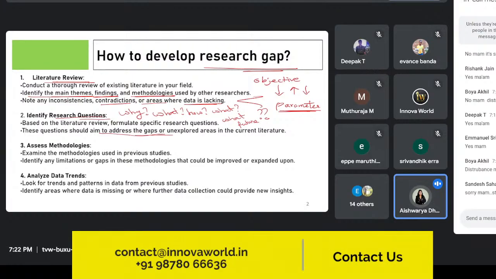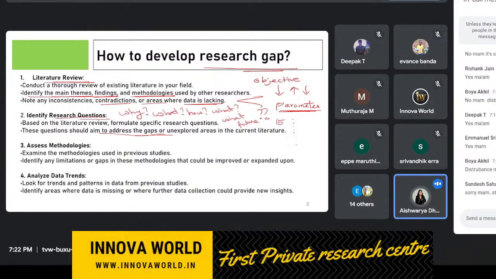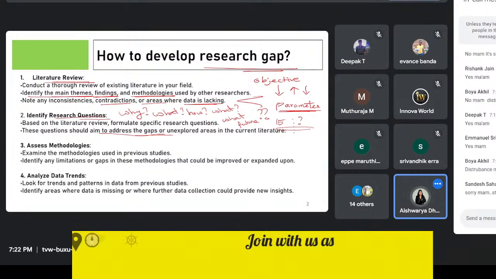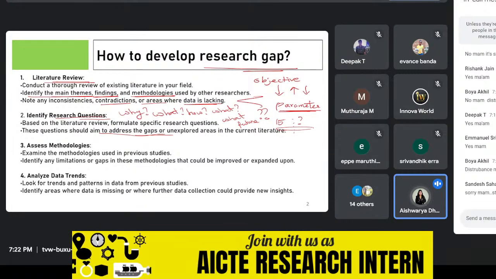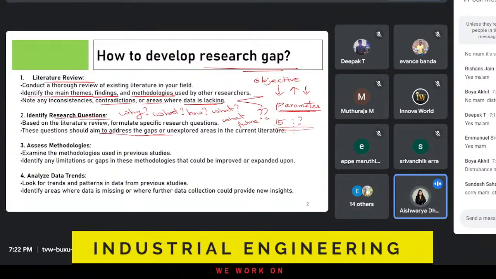Okay, so I'm working on 15 different parameters. We have listed down 15 different parameters. So why are you working on these 15? The question comes: why only these 15? Why not 16? Why not 14? You should have the answer why these 15.